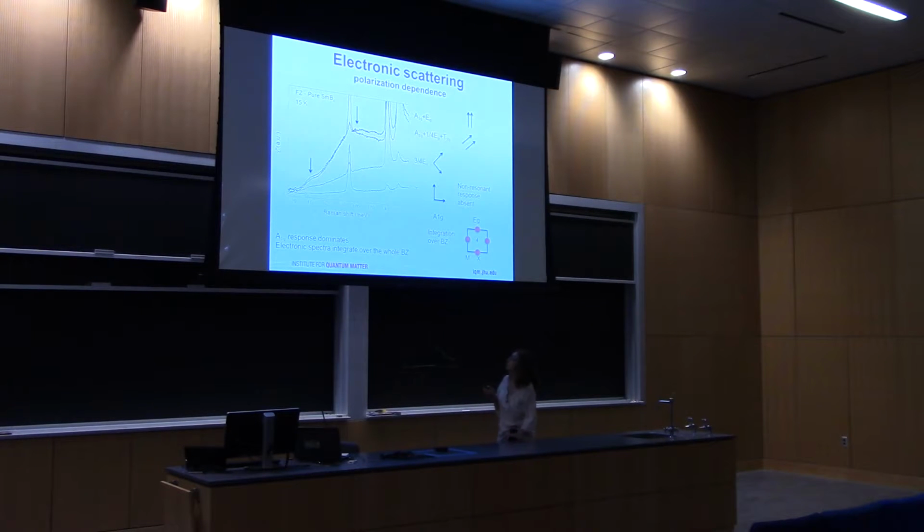What is also relevant to the expectation from Raman scattering is that we indeed don't see anything in the T2G polarization, which was projected on B2G in D4H symmetry.